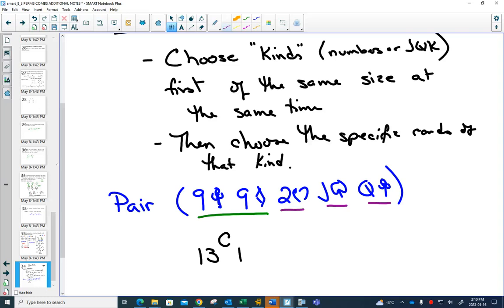If I chose 9s, it's possible to get 9 of clubs and 9 of diamonds, but it also could be 9 of clubs, 9 of hearts, or 9 of hearts, 9 of spades, or 9 of spades, 9 of diamonds. How many ways could you do that? Choosing the specific cards of that kind, there are 4 9s. We need to choose 2 of them. And this together will count all the different pairs that are possible.